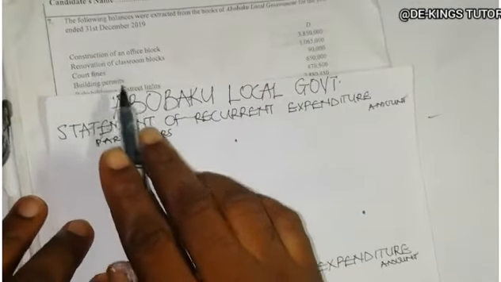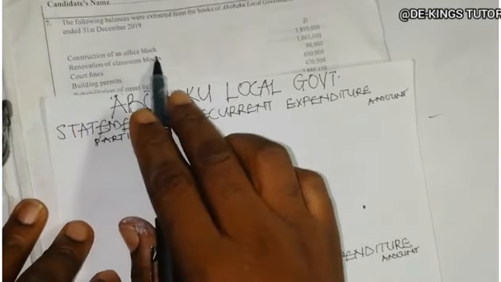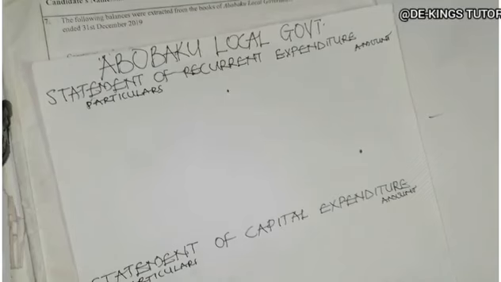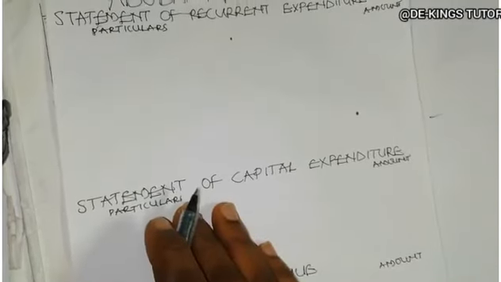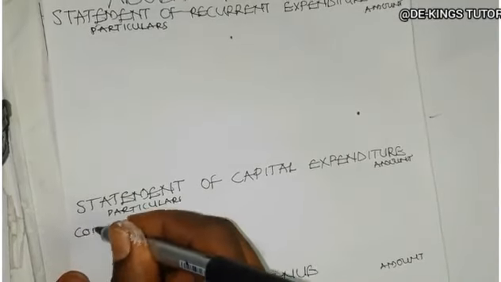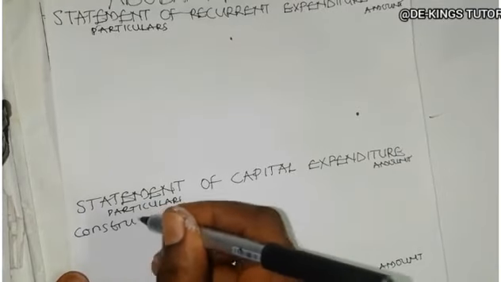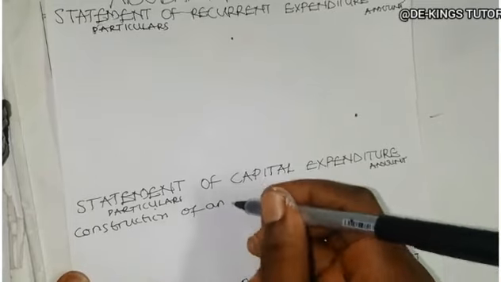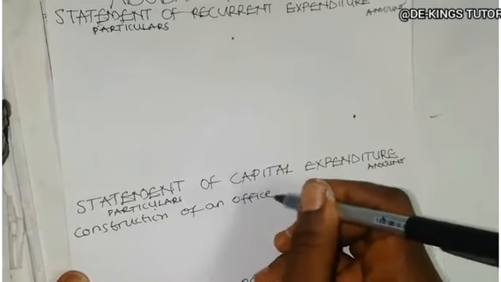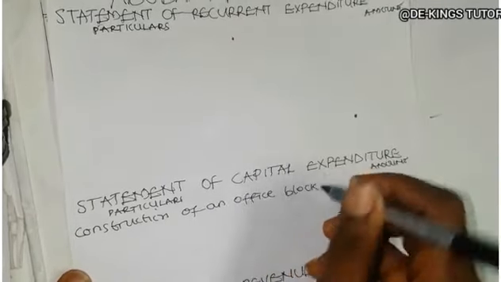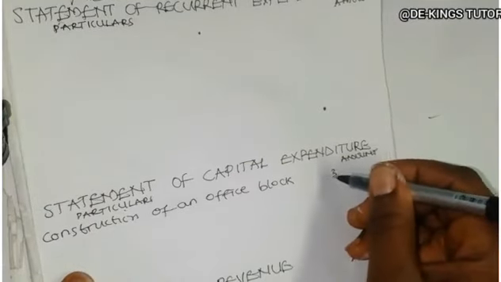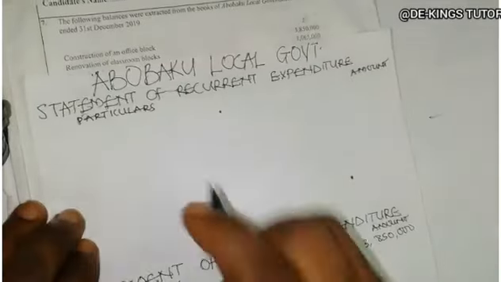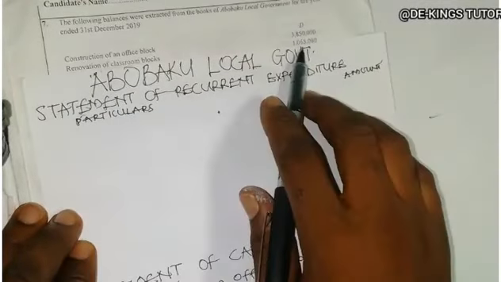Now the first one from the question said construction of an office block. Construction of an office block is done once in a while, so it is a capital expenditure and will be recorded here. Construction of an office block, 3,850,000. The next one is renovation of classroom blocks.